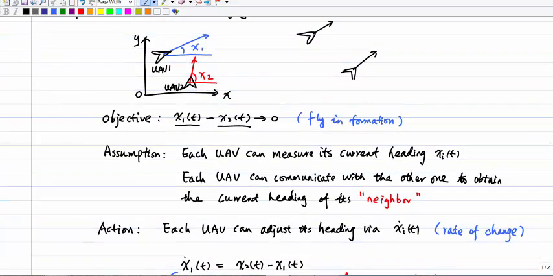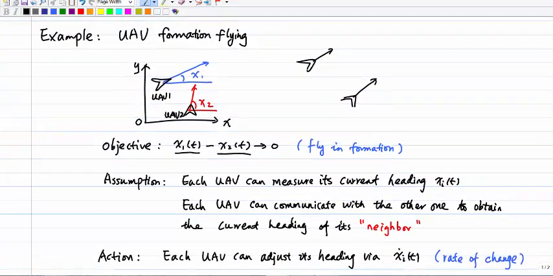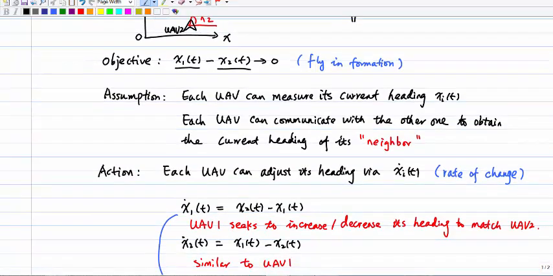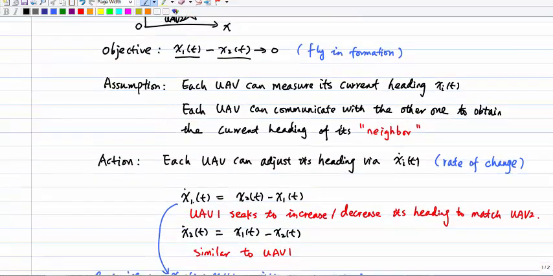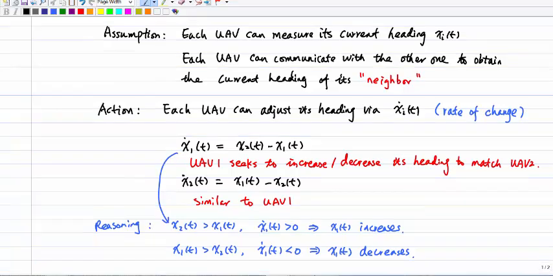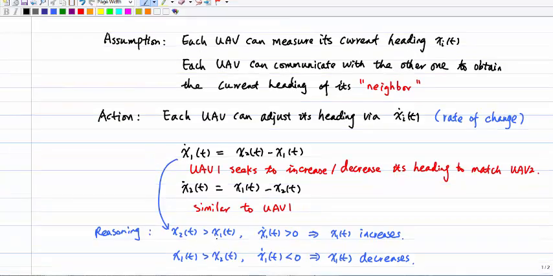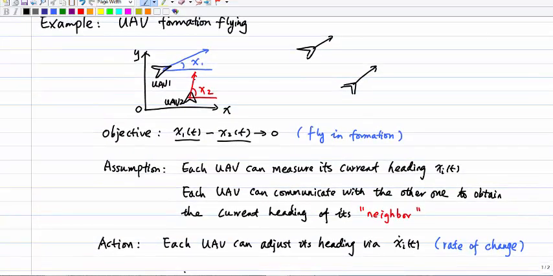I'm not talking about the algorithm side in depth, but the algorithm for this action is a simple one: x1 dot t is x2 minus x1. In other words, UAV 1 tries to increase or decrease its heading to match UAV 2. For example, if x2 is greater than x1, as in this case, then x1 should increase its heading.